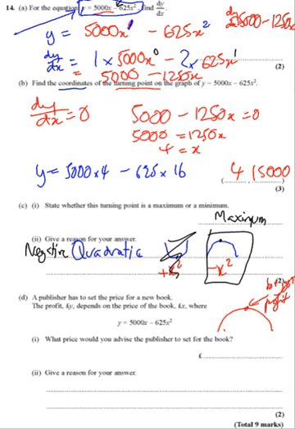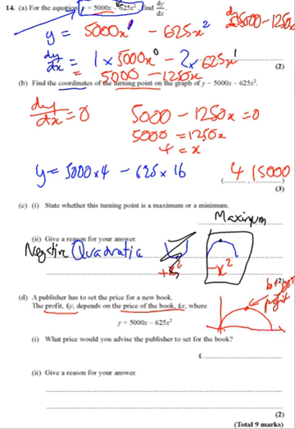Yes, it is. Anyway, the price that you would advise the publisher to set for the book. Well, okay, the price for the book is X, and the profit is Y. Now, we know that the point where the profit is biggest is at the top of this graph. And so we need to find, I don't know where it crosses the axis, it doesn't really matter.